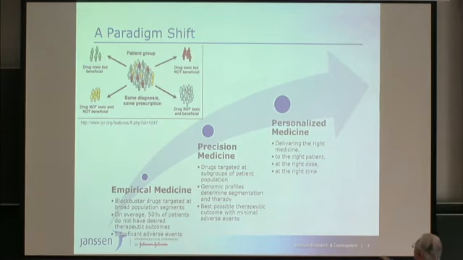So of course we want to be here in personalized medicine, which is delivering the right dose to the right patient at the right time, but we are probably operating now in this precision medicine space, where it is recognized that we need to develop drugs focusing on subgroups, not the whole population.